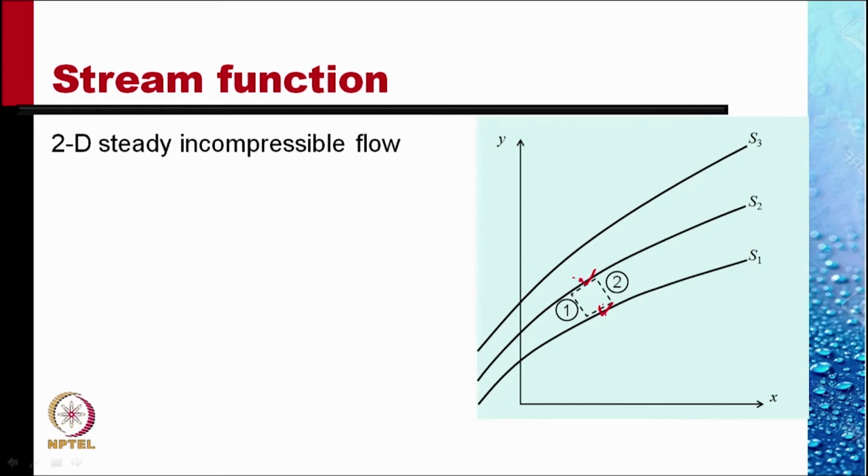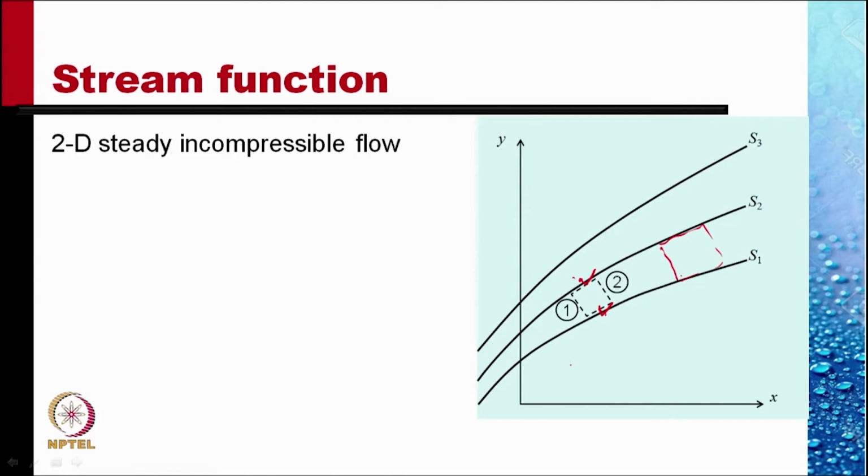If the flow is steady and incompressible, there is no accumulation of mass within the control volume, and so the mass entering at 1 should be equal to the mass leaving at 2. Since the locations of surfaces 1 and 2 are arbitrary, I could take the control volume anywhere between the two streamlines.